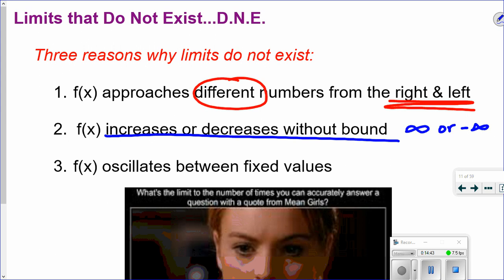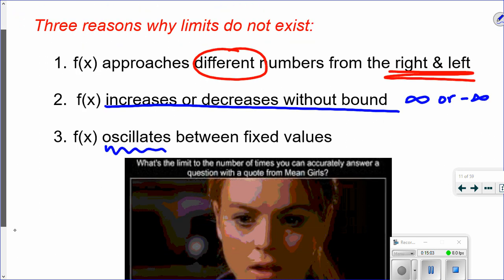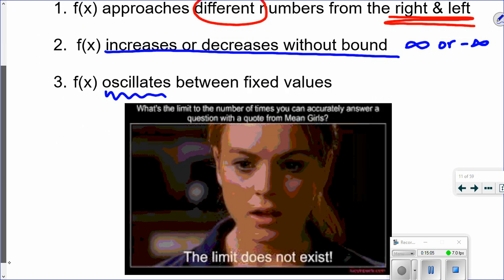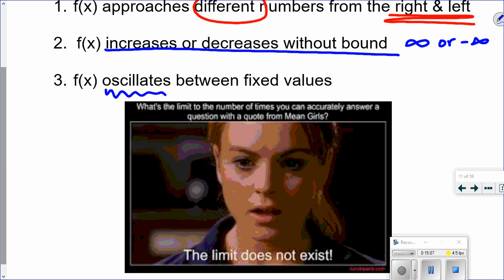So there's technically no limit, but we don't just write does not exist. We specify that it doesn't exist, but it's going to infinity or negative infinity. And then, just like in that last example, if it oscillates between fixed values, if it jumps up and down, that's another example of when the limit does not exist. So there are three major times when the limit does not exist.